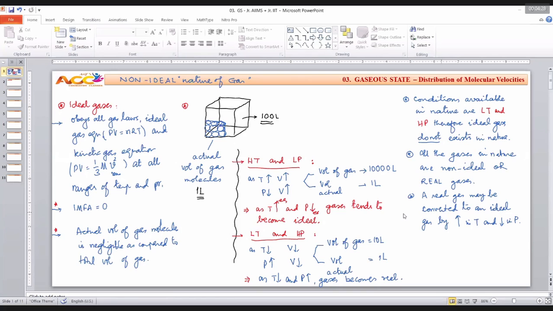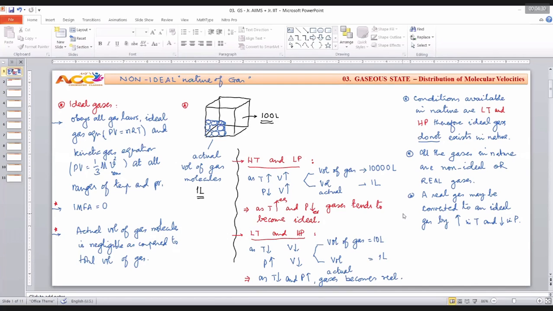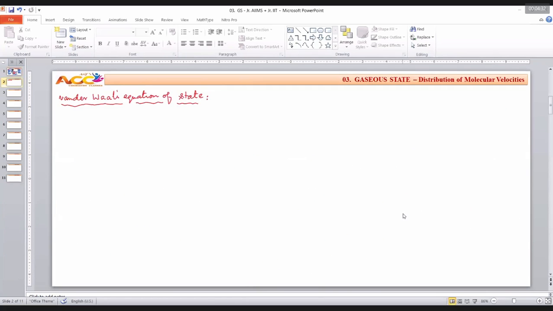Now that new equation, yesterday I said there are 5 such equations available in science, but in our syllabus we have only one equation, and that equation was proposed by van der Waals. What is the way of proposition? See the ideal gas equation: Boyle's law experiment, Charles' law experiment, Avogadro's law experimental fact.